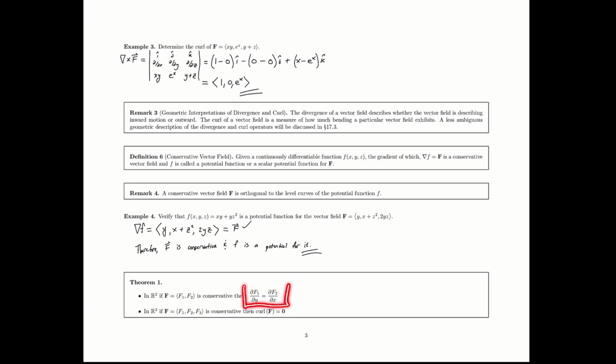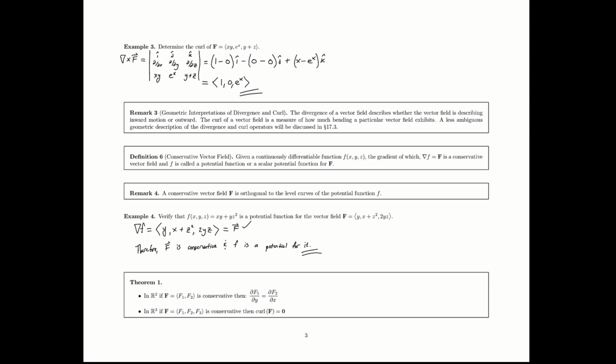When I say mixed or cross partials, I'm referring to this. Notice that F1 is the x component, but we're taking the partial derivative with respect to y. And over here we have F2, the y component, but we're taking the x partial of it. So in that sense, we call this the cross partials condition. If our field is conservative, then this is true.